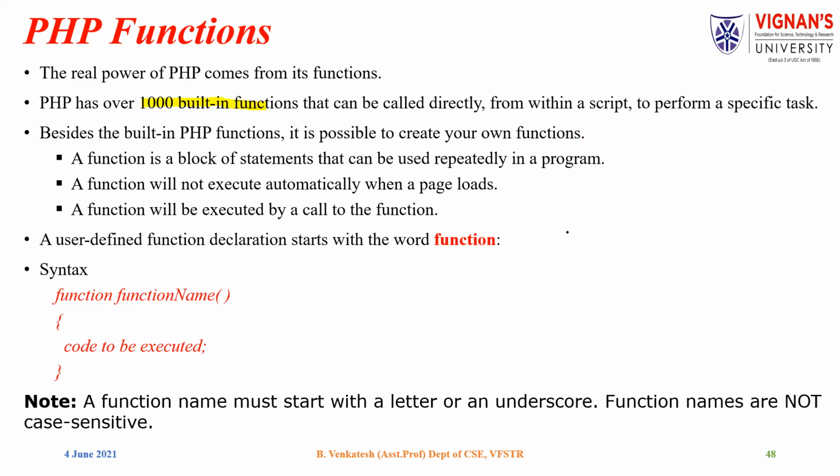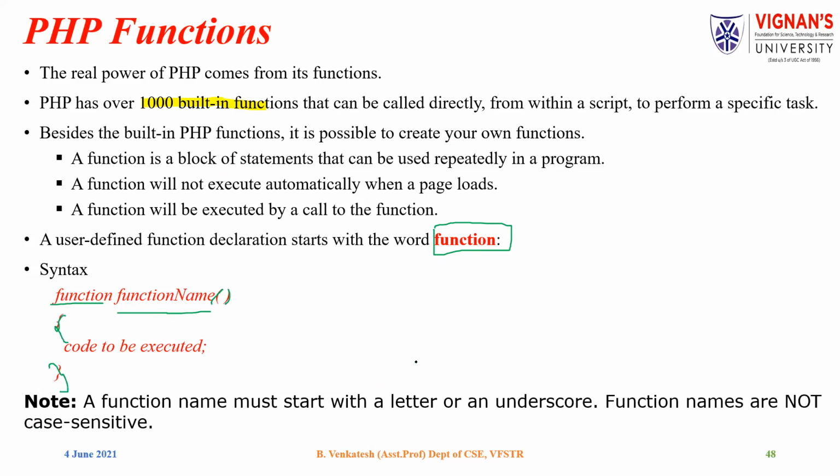If you want to use a user-defined function, then the keyword we use is function. It starts with the function keyword, followed by the name of the function, open parenthesis and brackets, then open curly brackets with the function code.